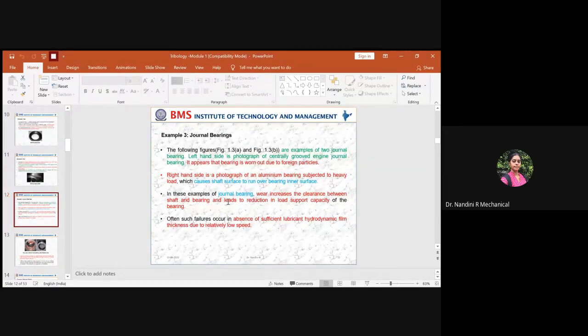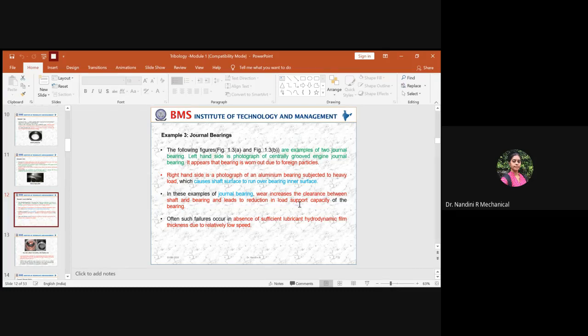So in these examples of journal bearing, wear is increasing. The clearance between the shaft and the bearing will lead to some reduction in the load support. So you should be having a proper clearance between the shaft and the bearing so that when it is run for a longer period of time, this type of wearing which increases could be reduced to some extent.